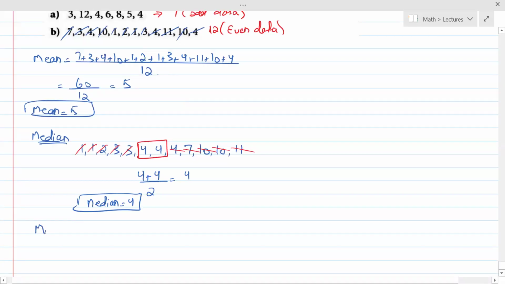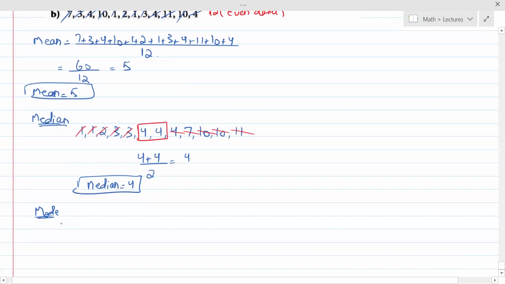Now let's work it out for mode. Mode is the number having the highest frequency, and the number which is having the highest frequency here is 4 only. So 4 for us would be the mode. The mode is equal to 4.